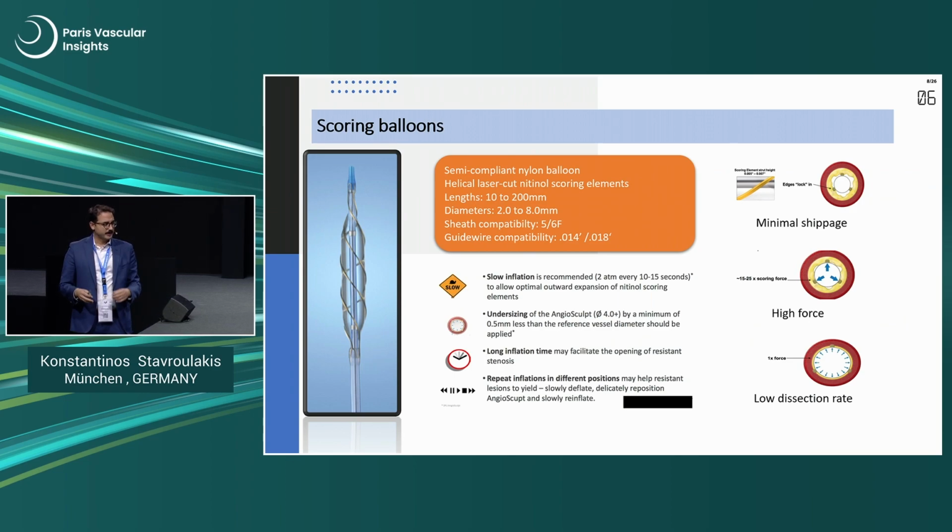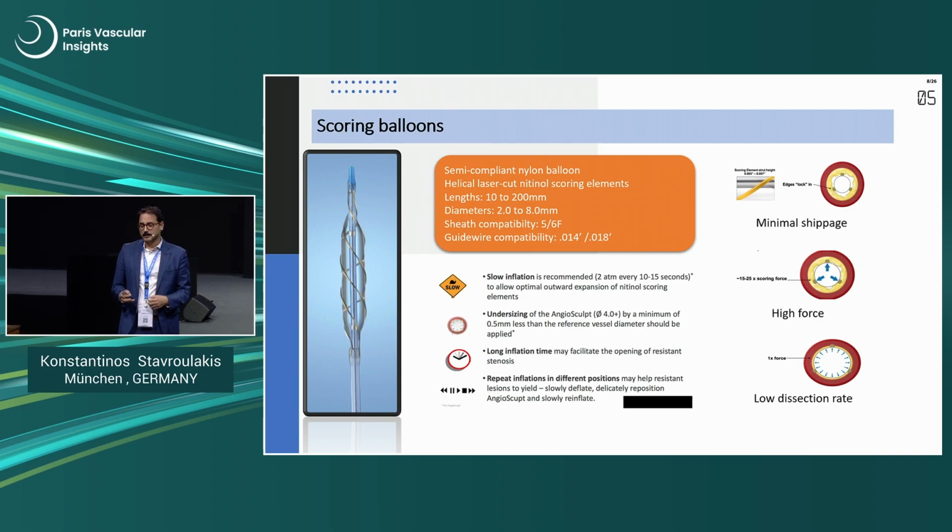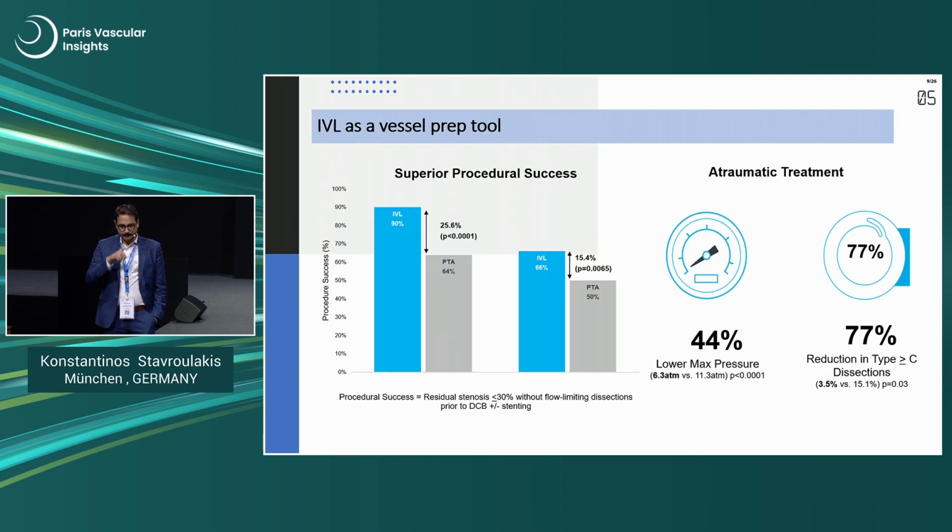I won't show you any data because there are no proper data about scoring and specialty balloons. Sometimes you can use them when you have plaques or lesions that are resistant to plain old balloon angioplasty. They have a high radial force. When you use them properly, you don't have such an increased risk of dissections. Again, no proper data, so I'm not going to show any papers.